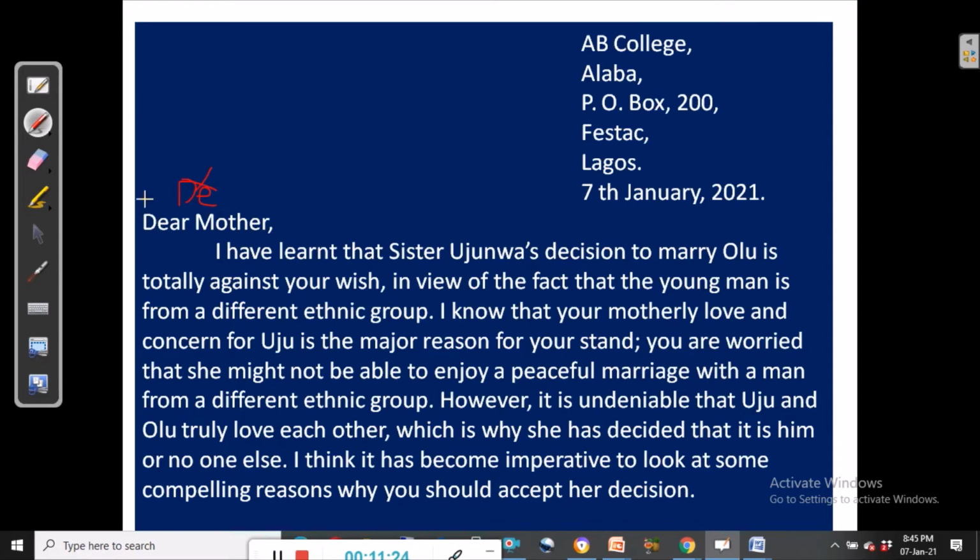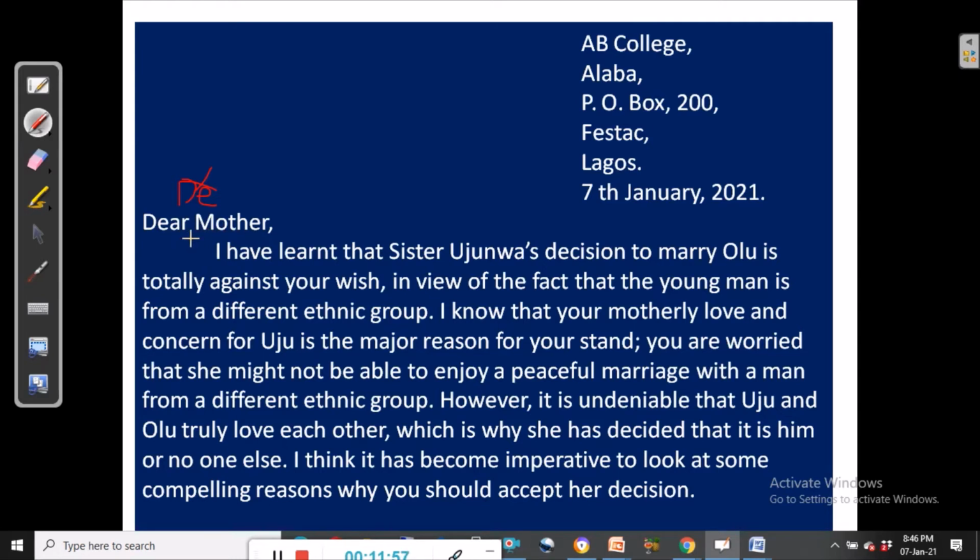Always start at the margin, "Dear Mother," and then you leave a space to mark your first paragraph. Is ideal. Of course, this has to do with the computer arrangement here. But if you are writing by hand, you can place the first line of your paragraph between "dear" and "mother."